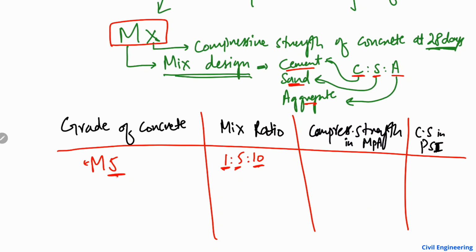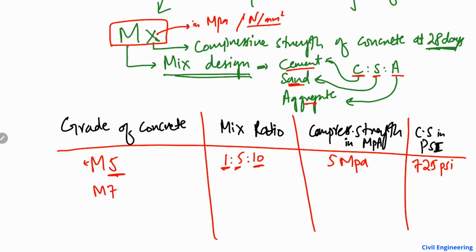Keep in mind, this value is always in megapascal, or we can write it in Newton per millimeter square. So 5 megapascal is the compressive strength of the concrete, and if you convert this into psi, pounds per square inch, it will be 725 pounds per square inch.